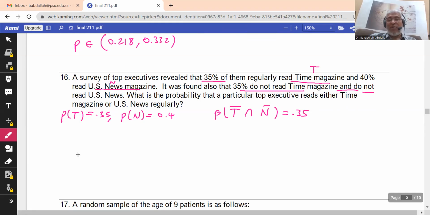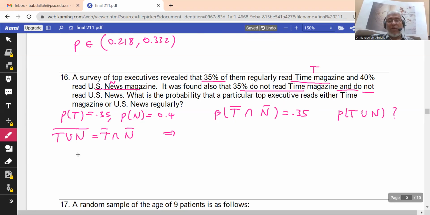The question: what is the probability that a particular top executive reads either Time magazine or US News, meaning the union? So this is what we need to find. Well, actually, we know that the complement of T union N is the complement of T intersection the complement of N. So this probability is equal to probability of T union N complement.